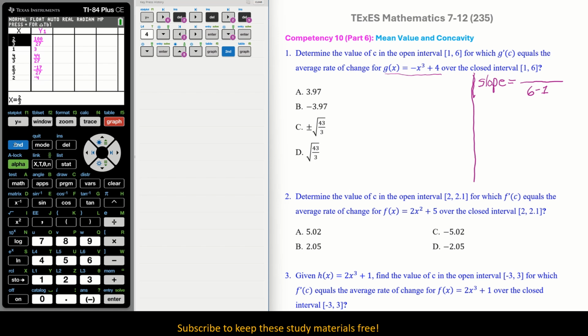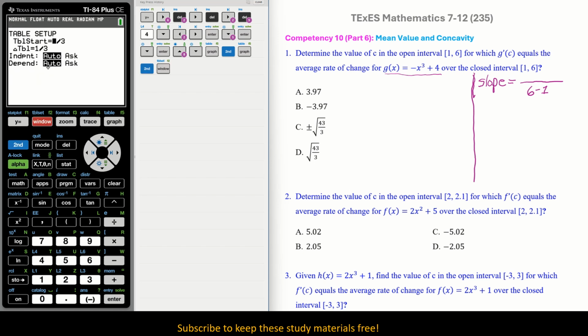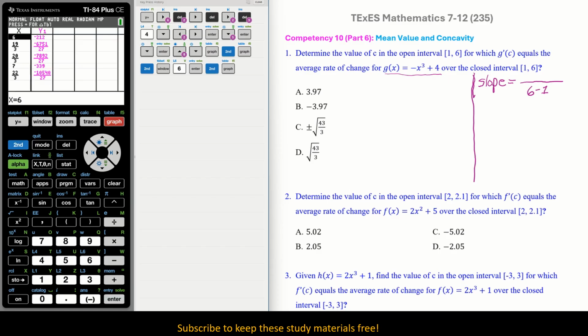So let's go second window. And where my cursor is, I'm going to say 6. Enter to make sure it goes in. And yes, our table is set up in increments of 1/3. So now I'm going to say second graph to go back to my table, and I'm at number 6.